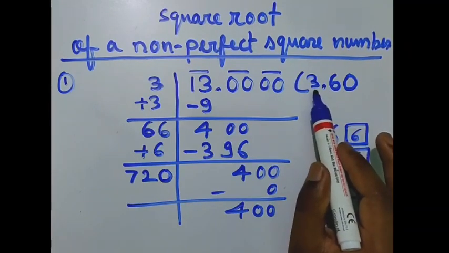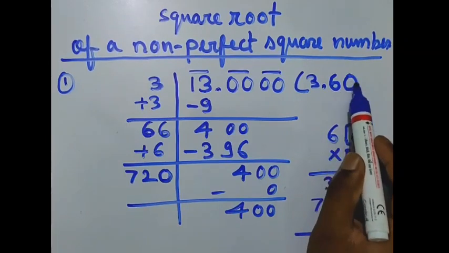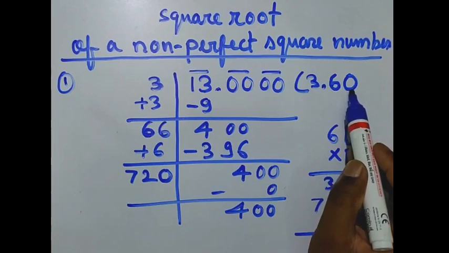So here let's say we are rounding off to one decimal place. So to one decimal place we have to see the number in the 100th place.